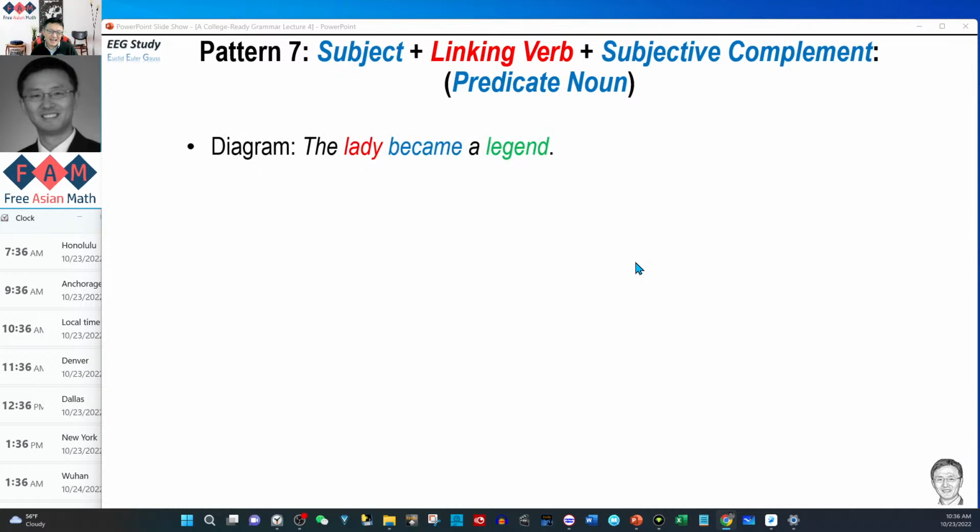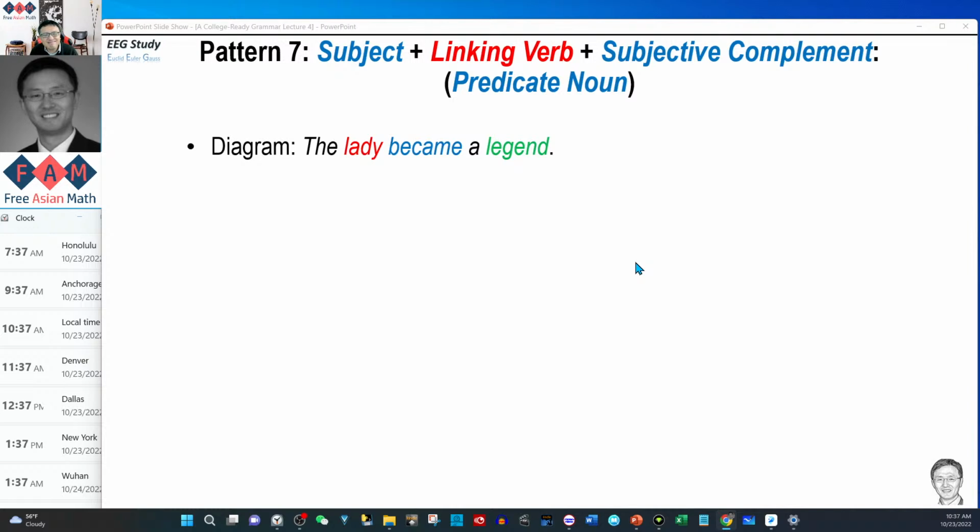The lady became a legend. Well, what does became here do? Is became an action verb? In this sentence, no. The meaning of this sentence is just like the lady changed from some kind of character into a legend.